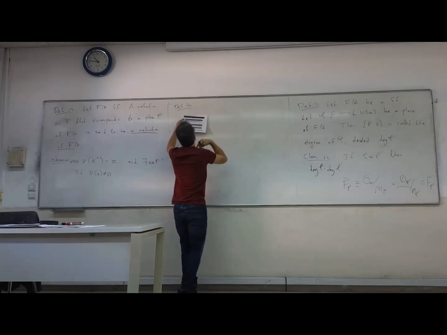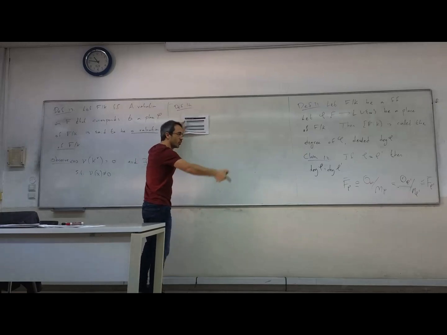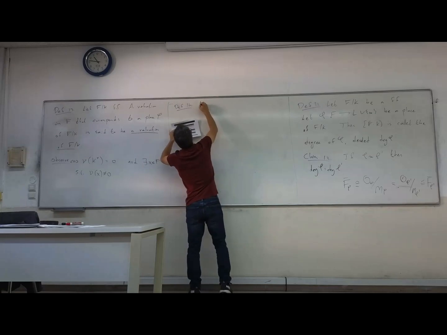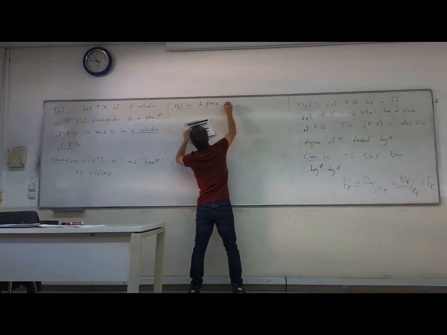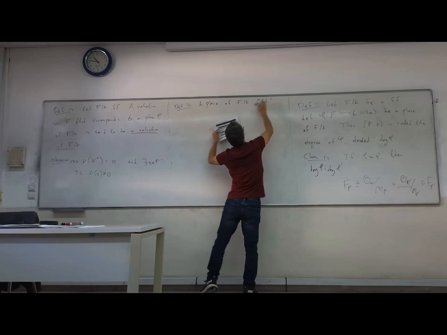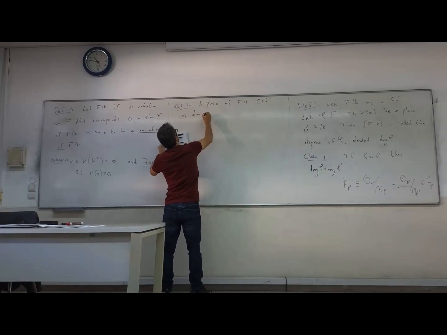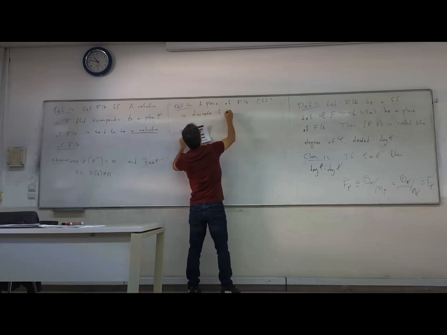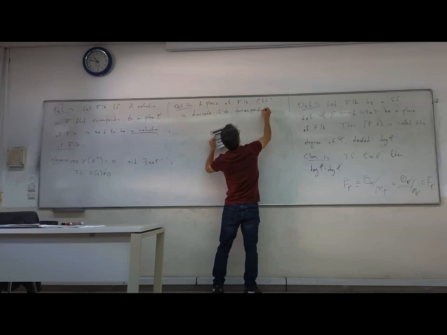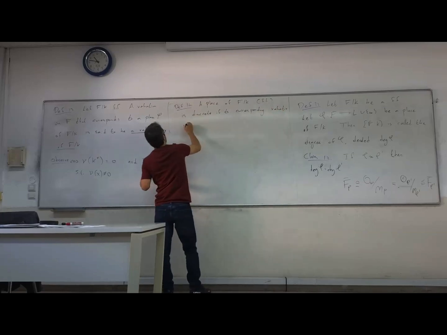I could have not even defined it and said a place is discrete, and you would kind of understand that I mean a place whose corresponding valuation is discrete, but we are formal, so a place of F over K, of a function field, is discrete if its corresponding valuation is discrete.